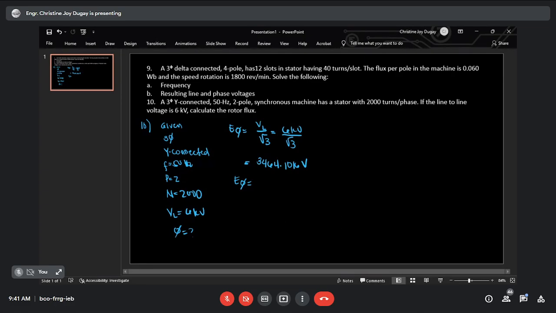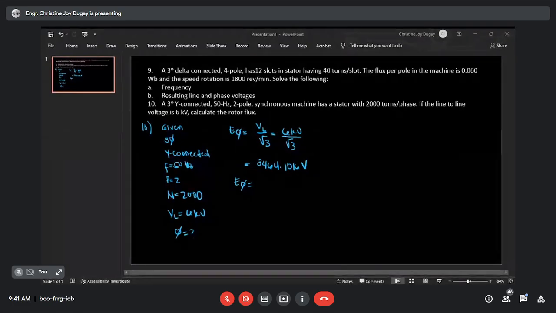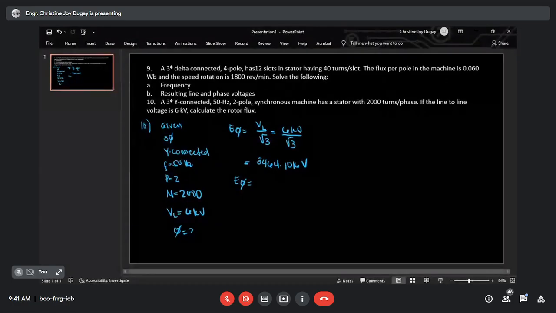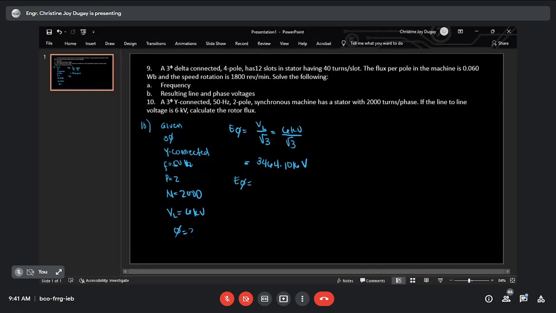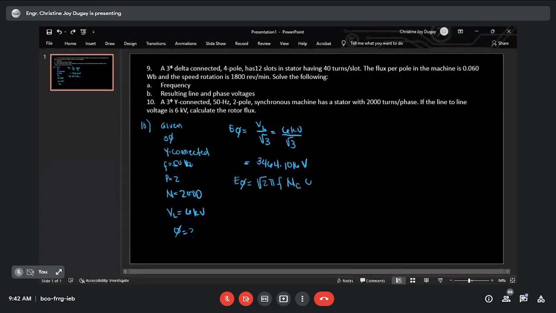Or that is the average voltage. Square root of 2 pi f NC flux mo. So tama si Mr. Miguel, that is square root of 2 pi f NC natin, tsaka yung flux, no? Ayan.